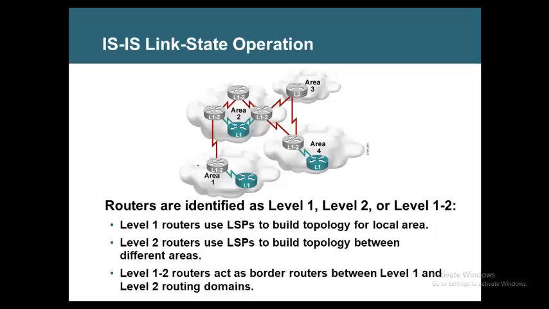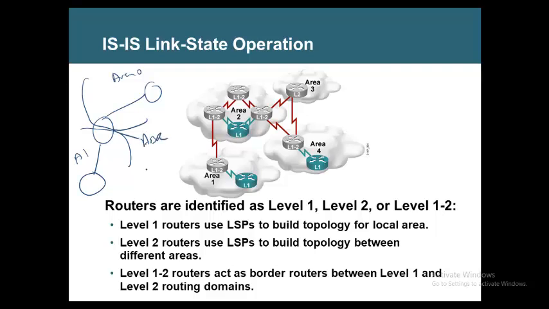You see, if I have one router in area 0 and also in area 1, we call it an ABR. In OSPF, there is no other option.